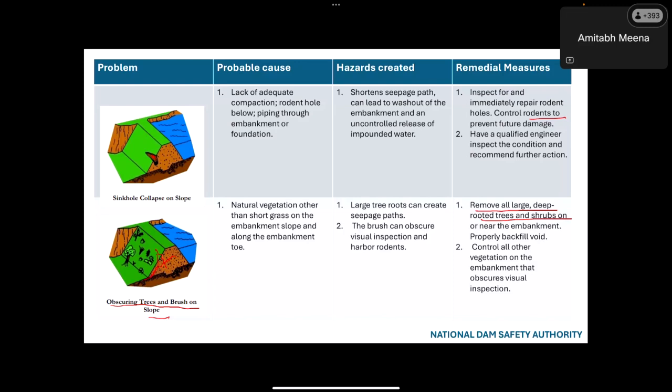Secondly, there is obscurance. They can obscure other symptoms like cracks. So these are basically the two side effects of vegetation.